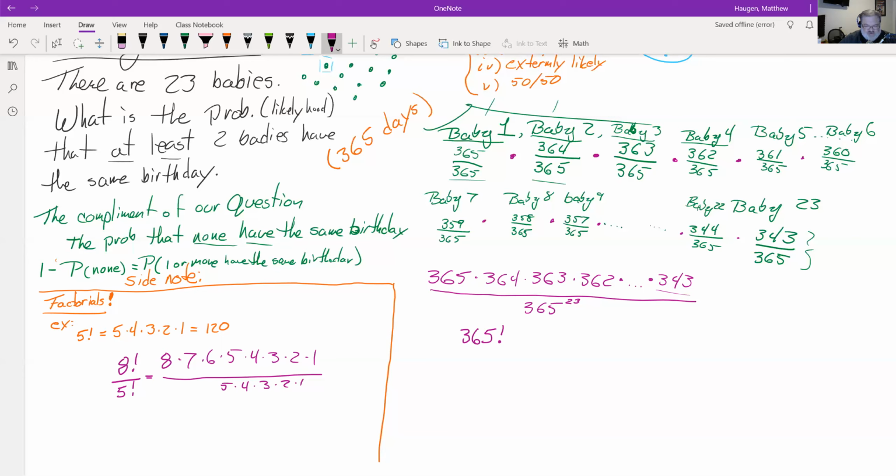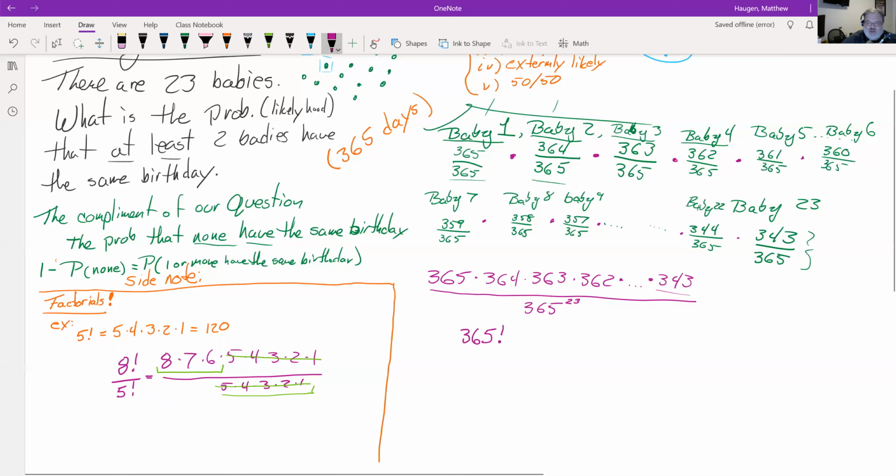So notice what happens with the 5, 4, 3, 2, 1s in both cases. The 5, 4, 3, 2, 1 on the bottom is going to cancel with the 5, 4, 3, 2, 1 on top and just leave us with the 8, 7, 6. We essentially got the 5 and down to go away by dividing by all the pieces we wanted to have disappear.